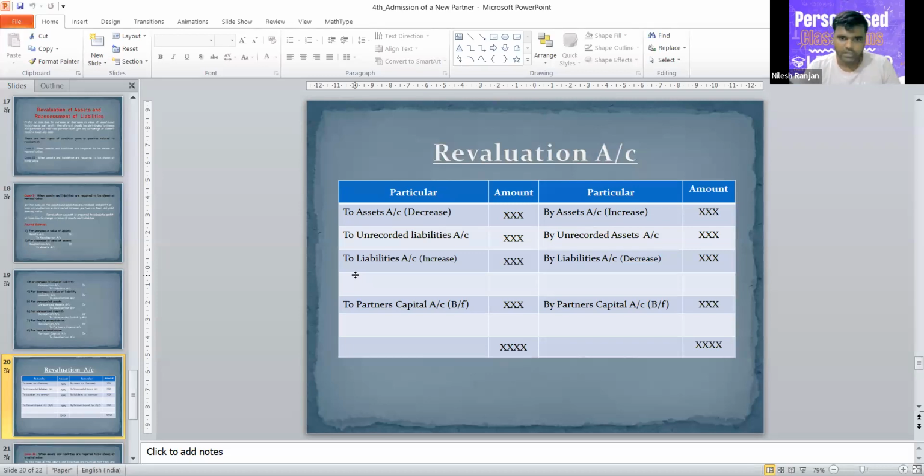Okay, sir. Now, if there is a revaluation loss, or you can say, if the balance is on the debit side, or if the balance is on the credit side, then is it profit or loss? So if the balance is on the debit side, it's loss.